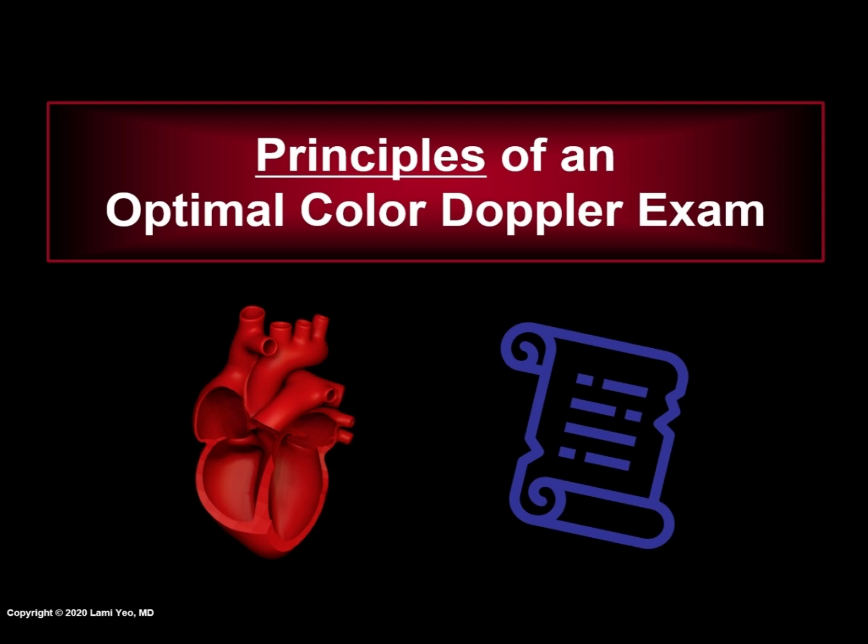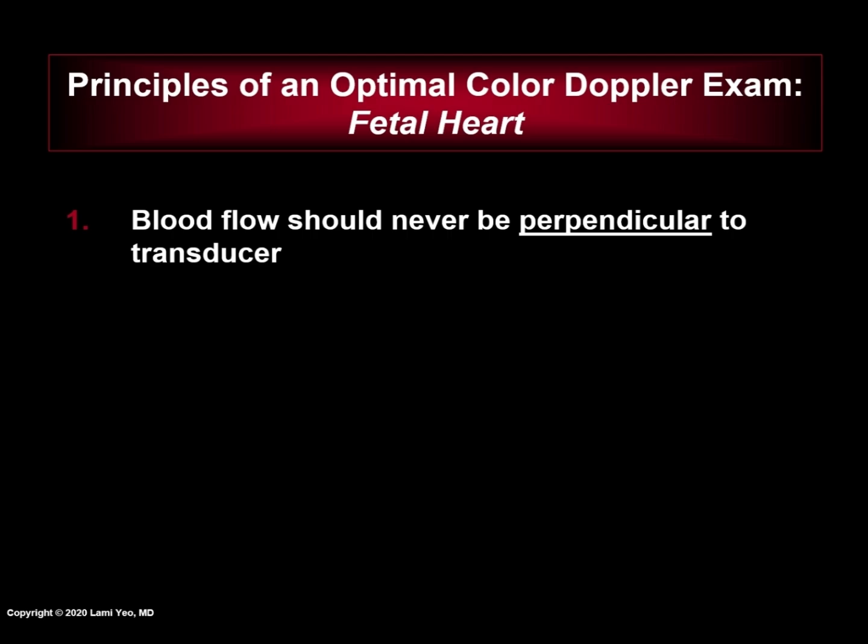Now that we have reviewed color Doppler settings in detail, let's summarize the principles of an optimal color Doppler examination of the fetal heart. First, to obtain a color Doppler signal, blood flow should never be perpendicular to the transducer.